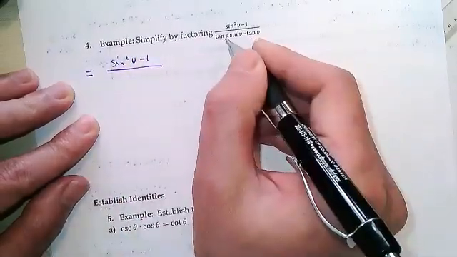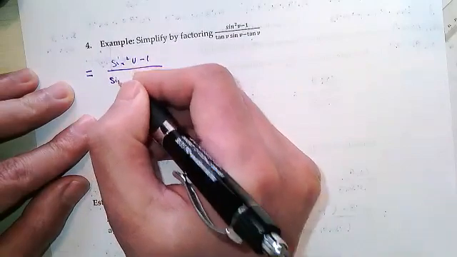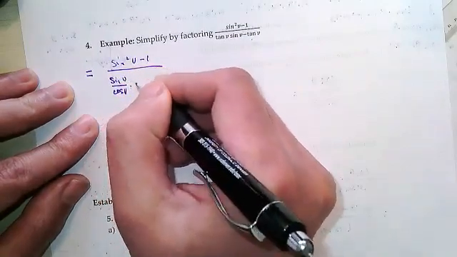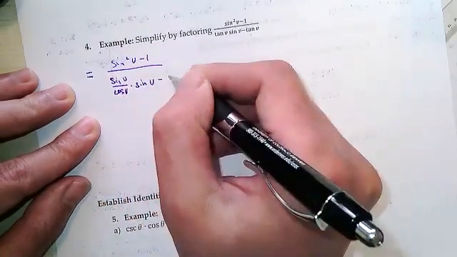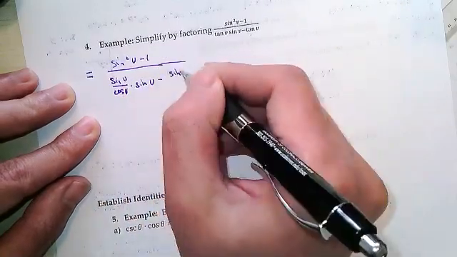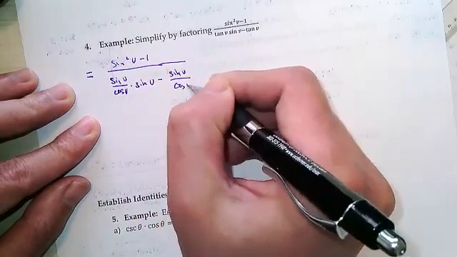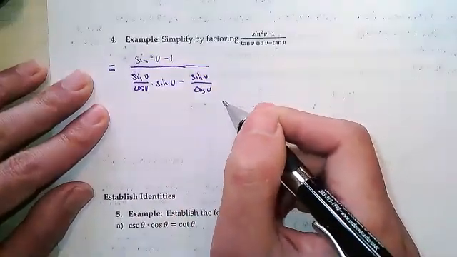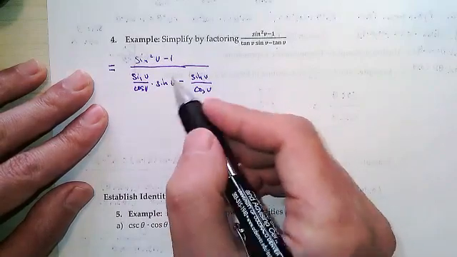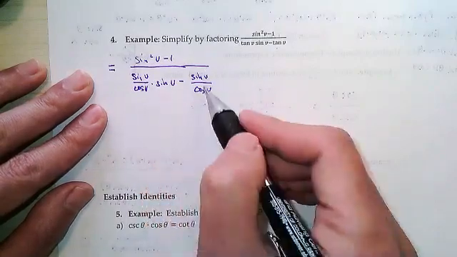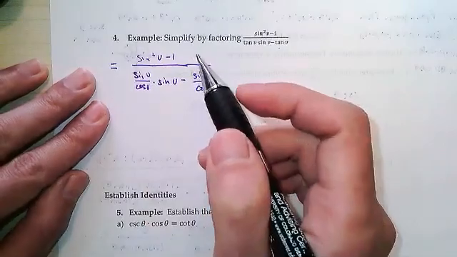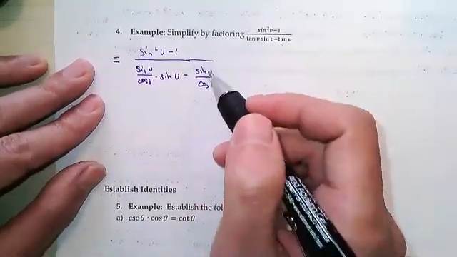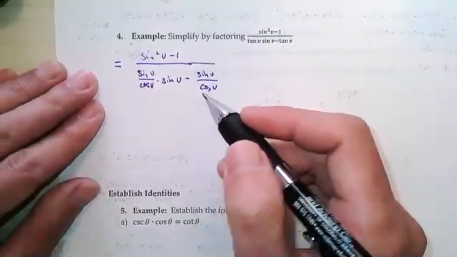The bottom has a tangent, so write sine v over cosine v times sine v minus sine v over cosine v. Okay, I just converted the tangent in terms of sine v and cosine v. That's it. Does anyone has any question on this one? So let's continue.